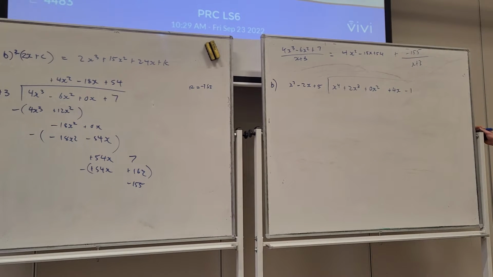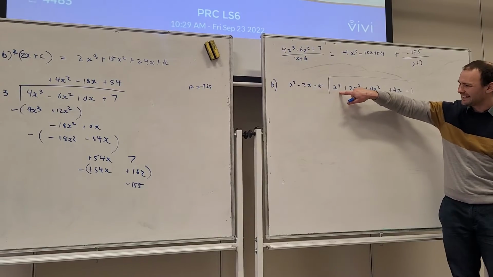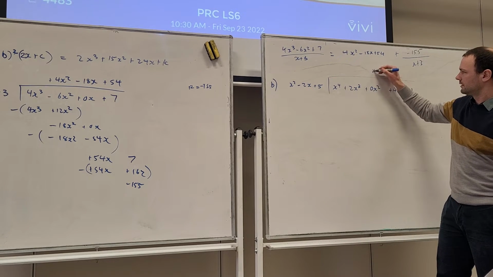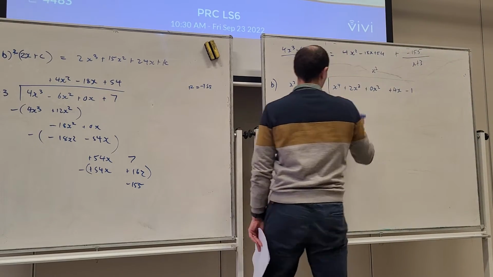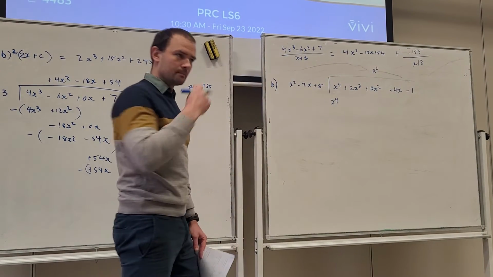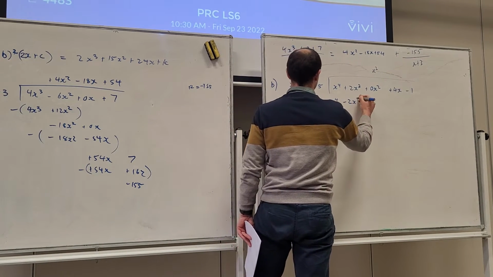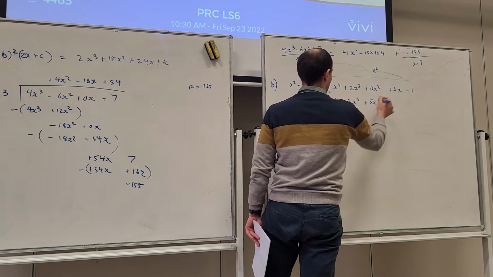Everything's represented. And so we just ask ourselves, what do I multiply x squared by to get x to the 4? Because I want to get rid of that. And the answer is x squared. X squared times x squared will give you x to the 4. And we just multiply it through for all of these, and then subtract it away.